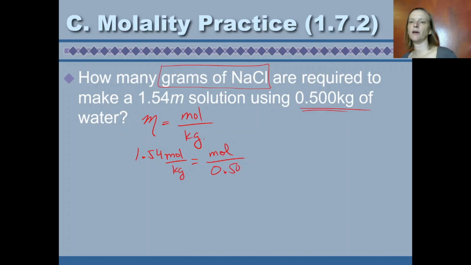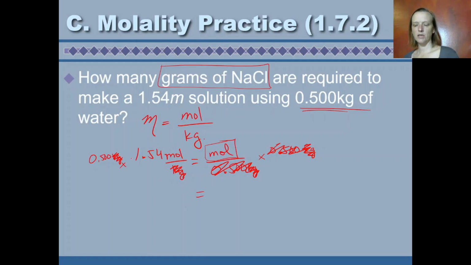It's just 0.500 kilograms. To get moles all by itself, I need to multiply away this denominator of 0.500. Kilograms cancels out with kilograms, and 0.500 cancels out with 0.500.